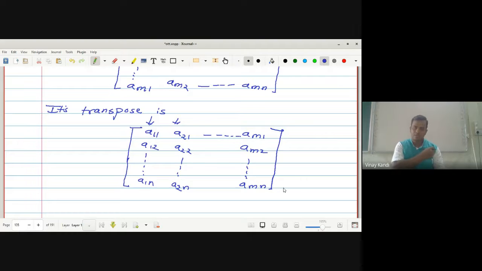Okay, any doubt? Now, how many rows are there? This is 1, 2, up to n rows. How many columns are there? This is 1, 2, up to m. So what is the order of this matrix? n cross m. Any doubt?